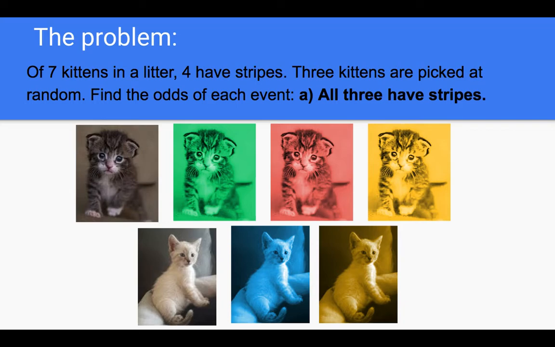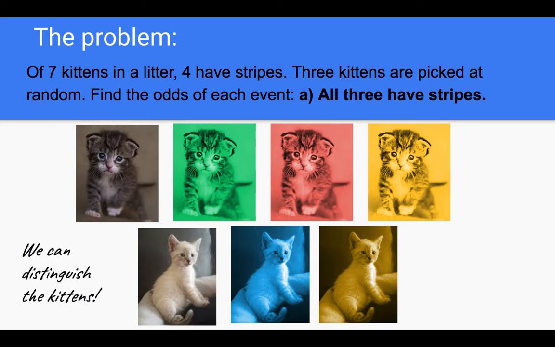So it's more useful if we think about the scenario something like this: we have two different kinds, and we have a way to distinguish between all 7 kittens, between all 4 that are striped and all 3 that are not striped. Okay, so this is more or less what we have.